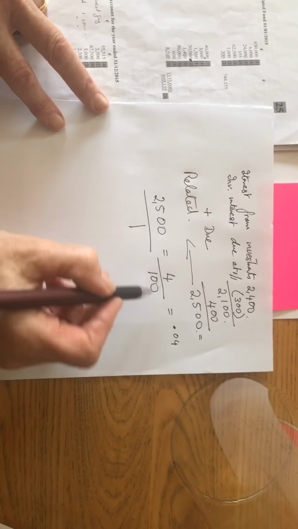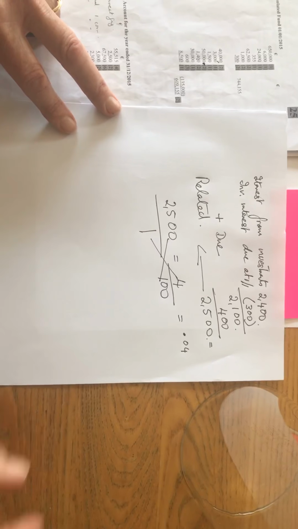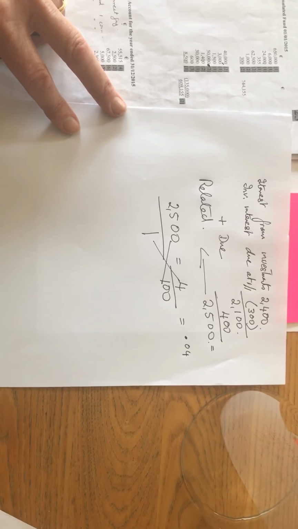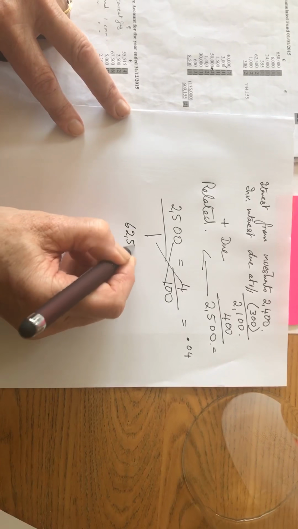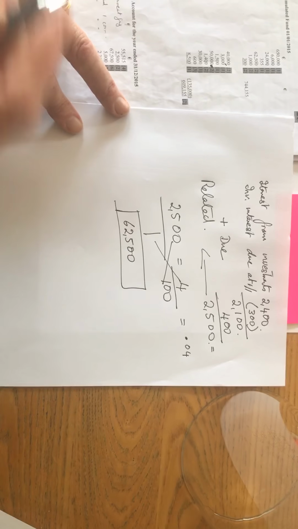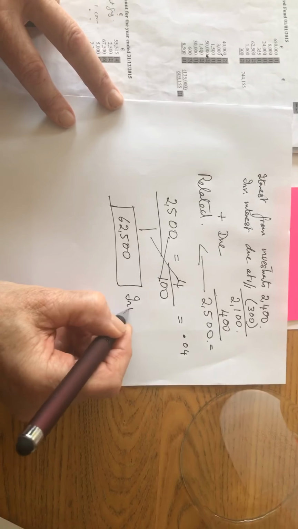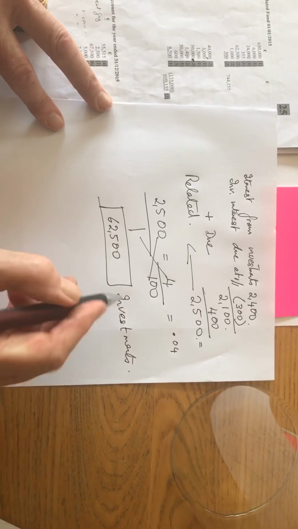Find the number. You can cross multiply. You will find that the number ends up being 62,500. That was the value of the investments.